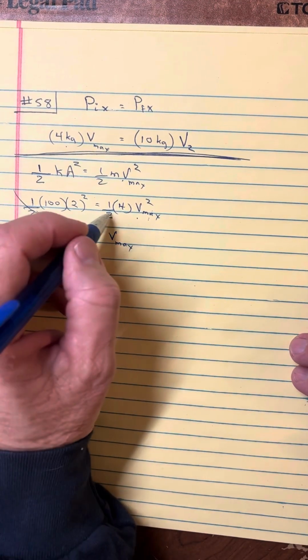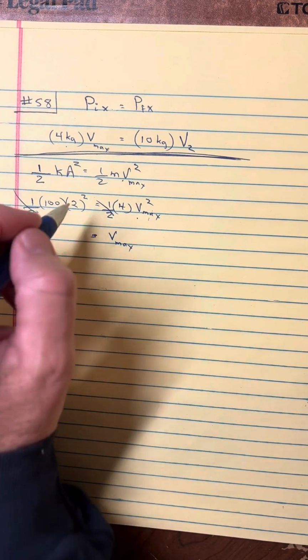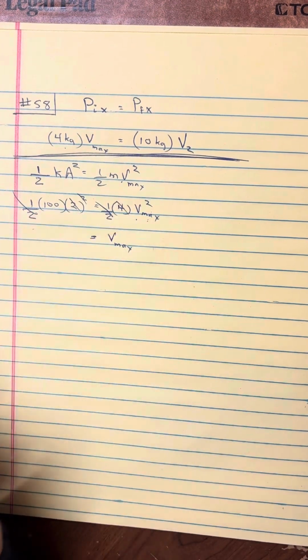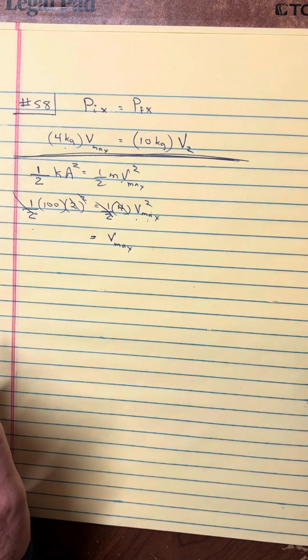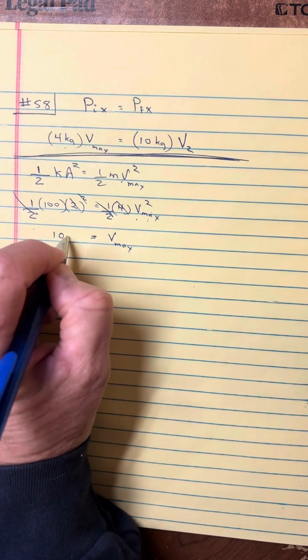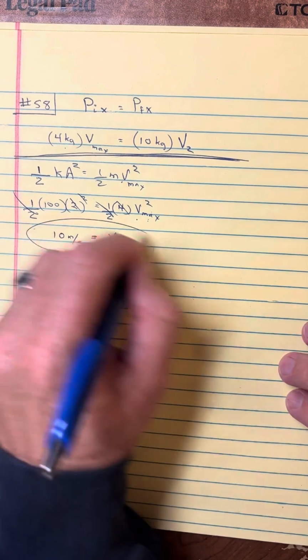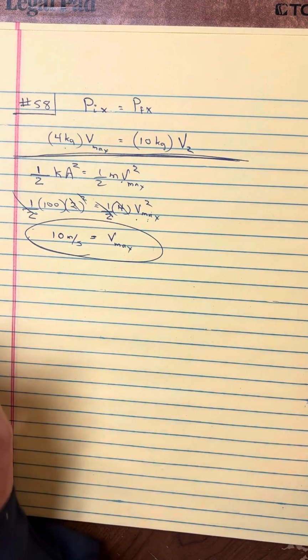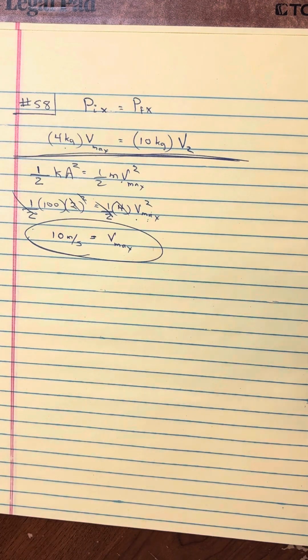And it looks like the 1/2 cancel off. This 2 squared is actually a 4. And then when I take the square root, we're looking at 10. So we know then that the speed before the collision is going to be a speed of 10.